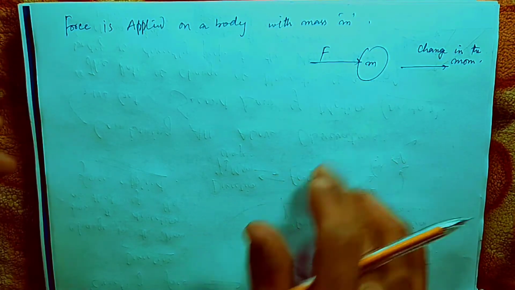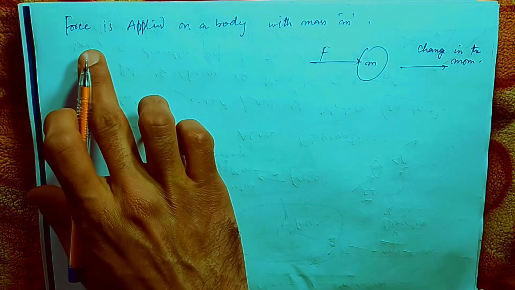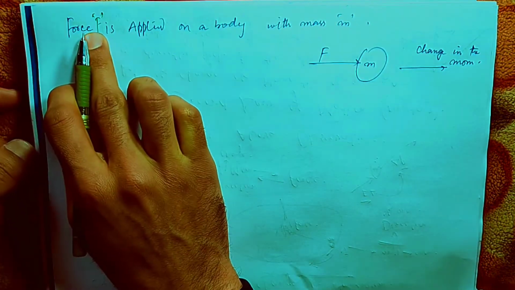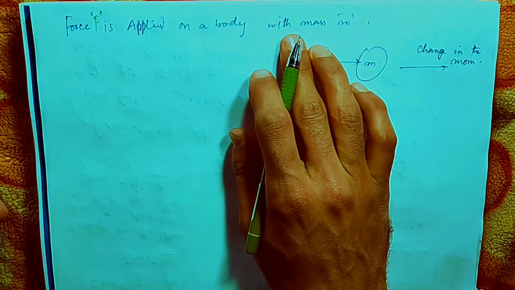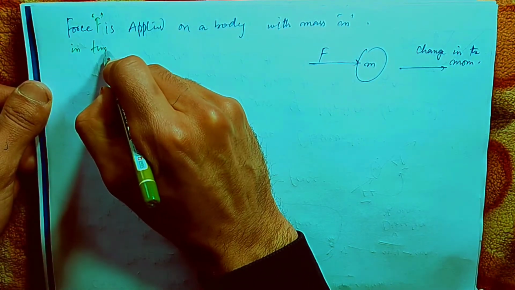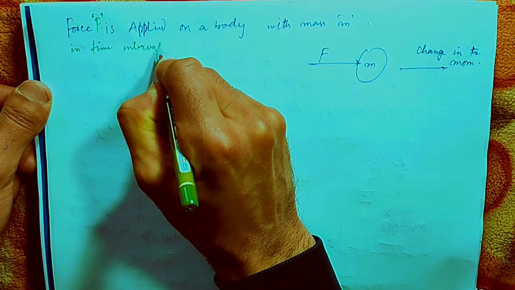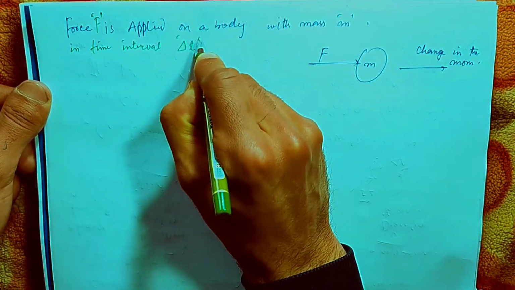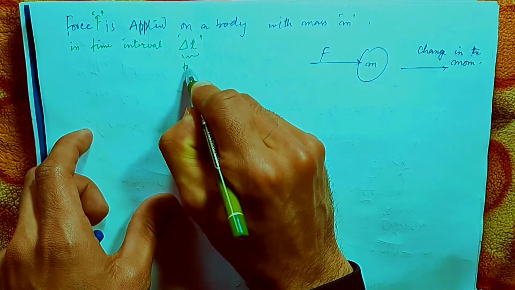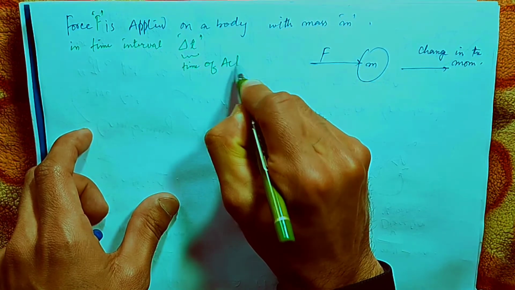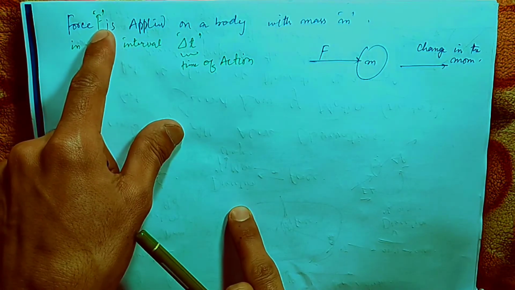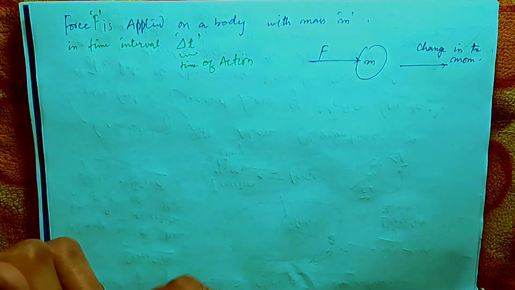So suppose force, denoted by F, is applied on a body with mass m in time interval delta t. This is the time of action. So the time of action is delta t and the force applied is F on a body m.